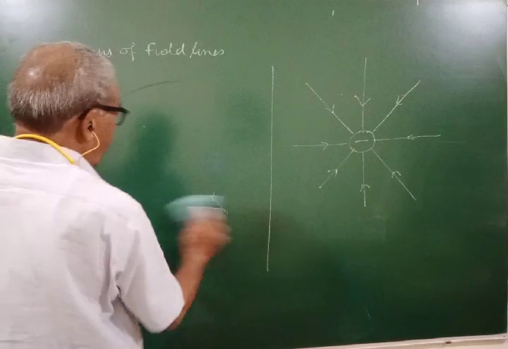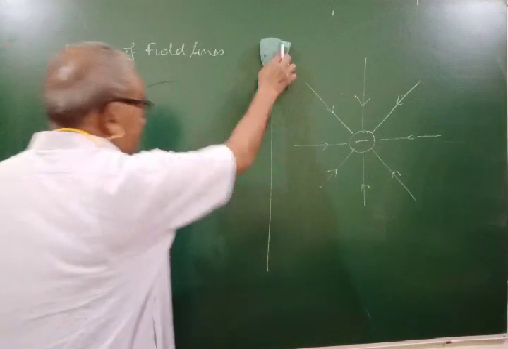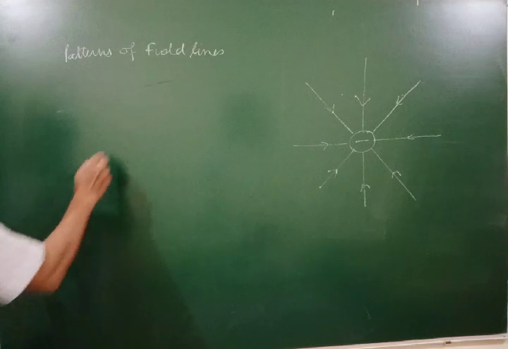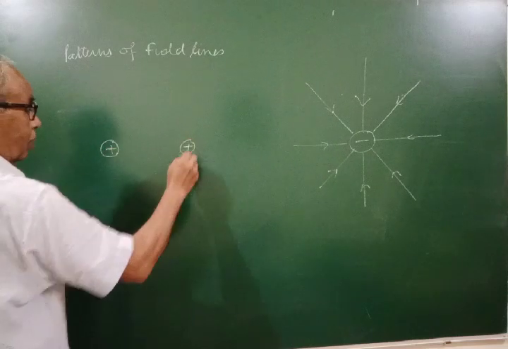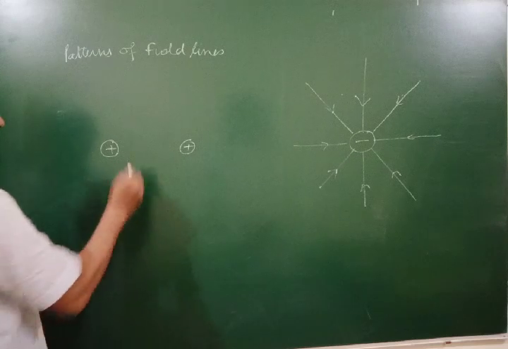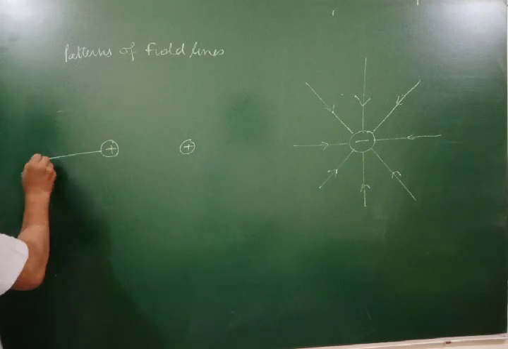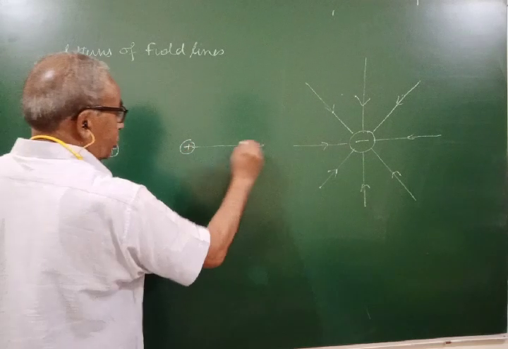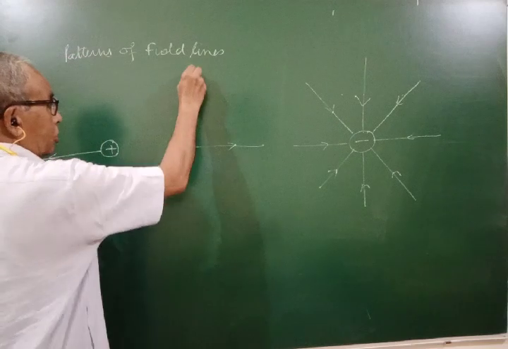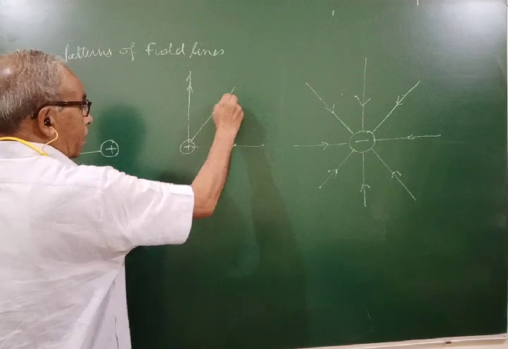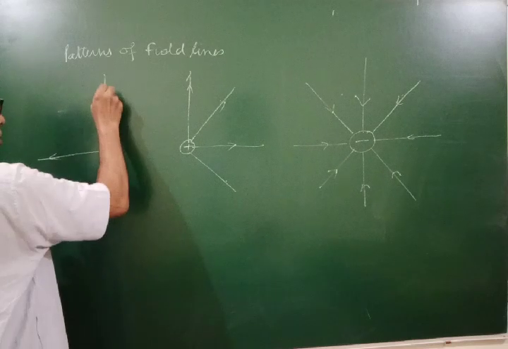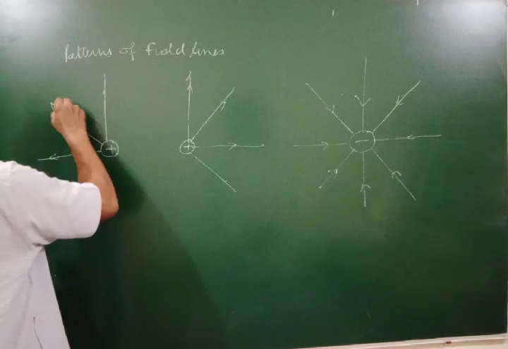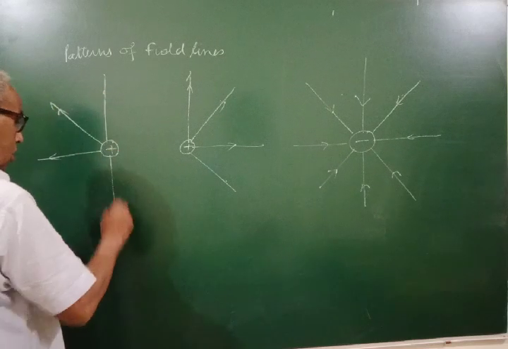If we have two equal and like charges, suppose plus Q and plus Q, then the pattern of field will be like this, like this, and like this.